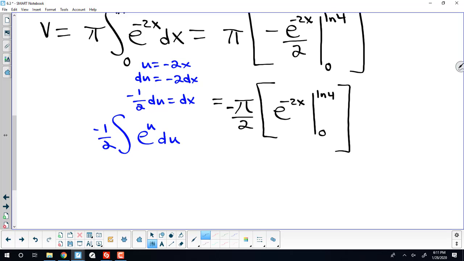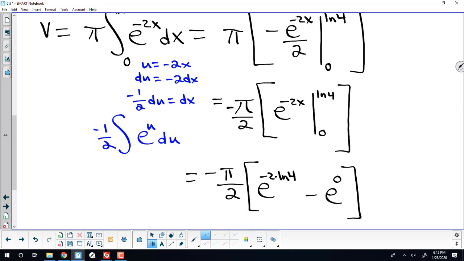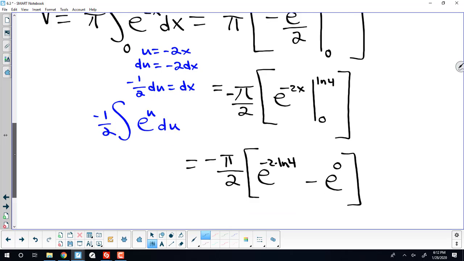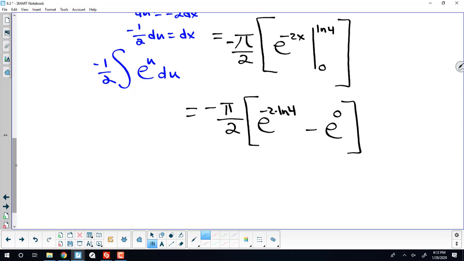So we have that. Plugging in ln 4 for x, we have e to the negative 2 times ln 4 minus e to the 0. And we'll just leave the answer exact. Minus pi over 2.